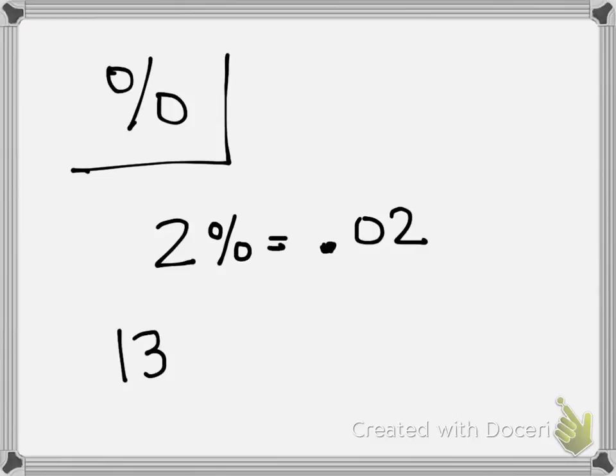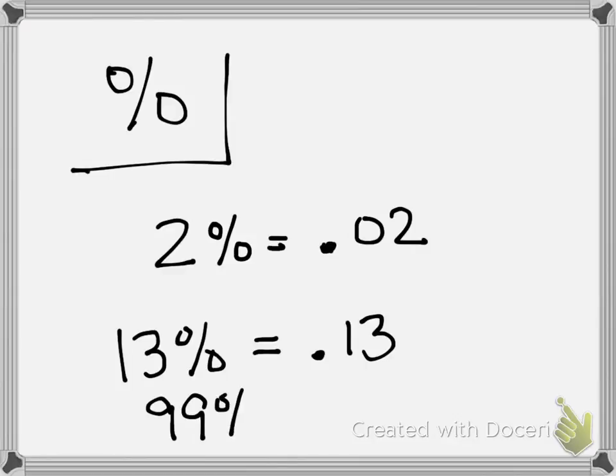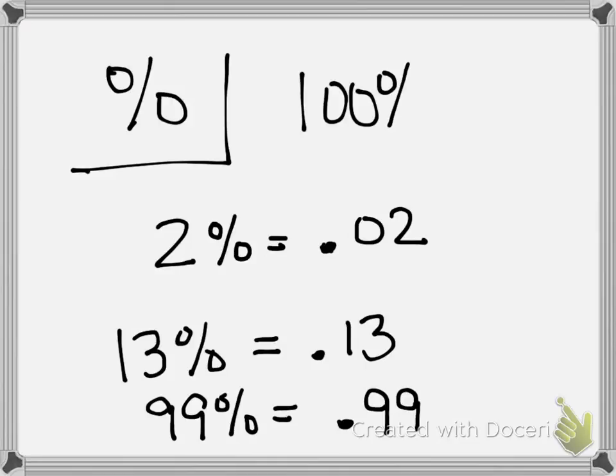So 13% equals 13 cents, and how do you write that? 0.13. We know how to write the cents in money. We never really knew we were writing a percent. Percent is always based on 100. 99% is almost $1. It's 99 cents. 100% is $1. And that's $1. That's how you write that.